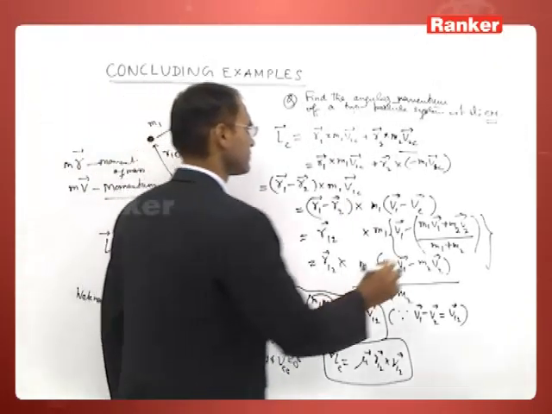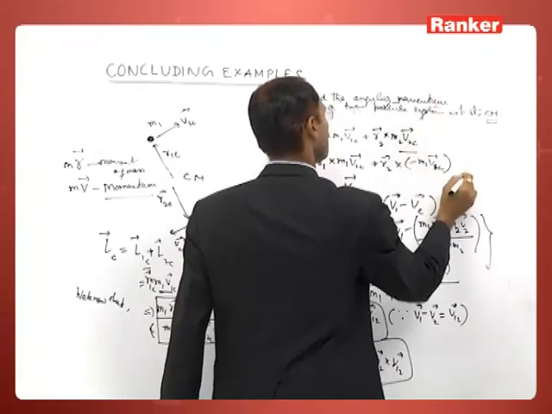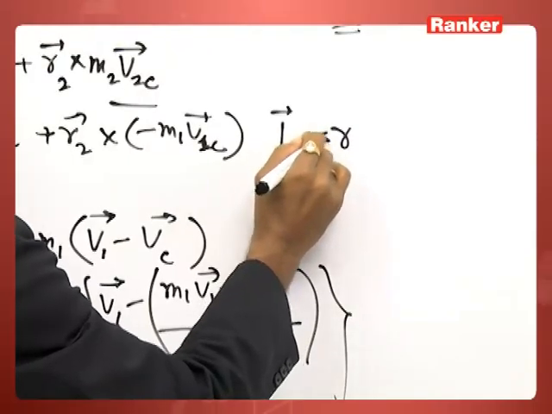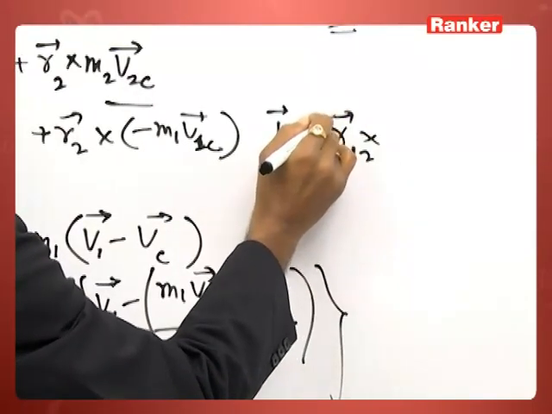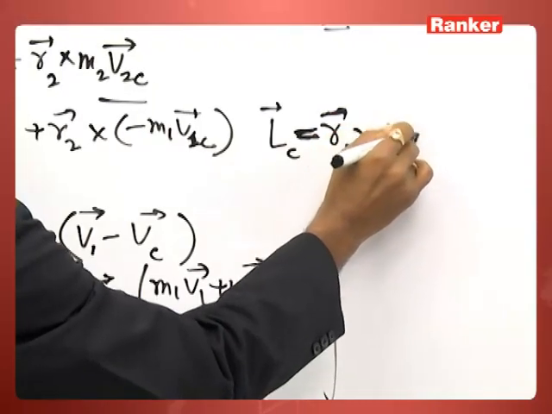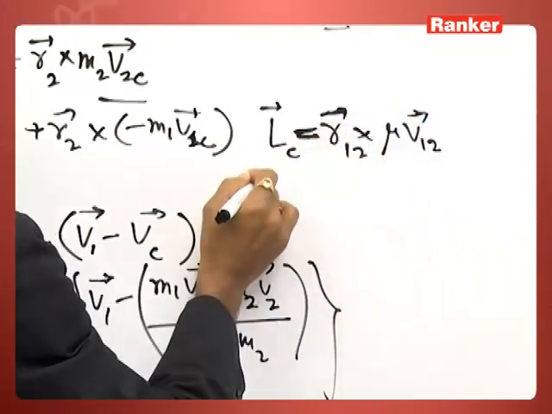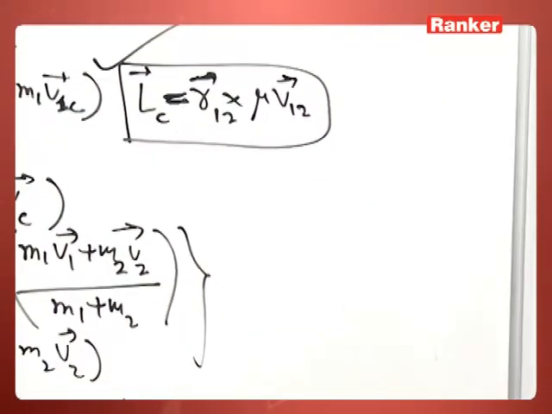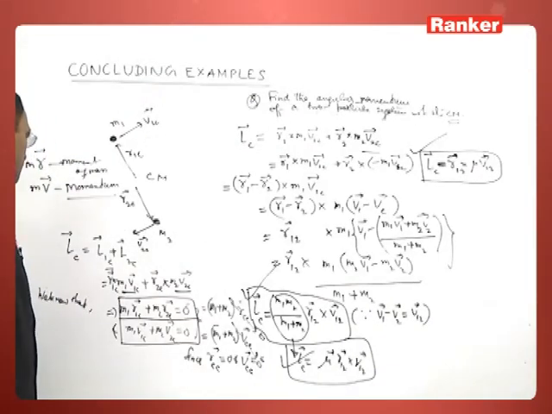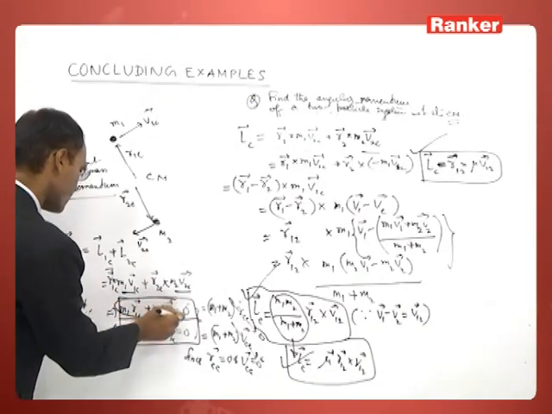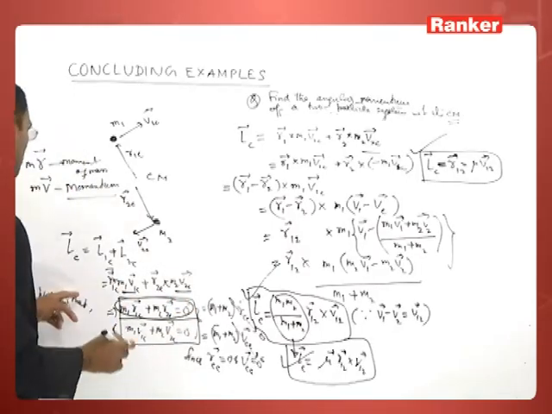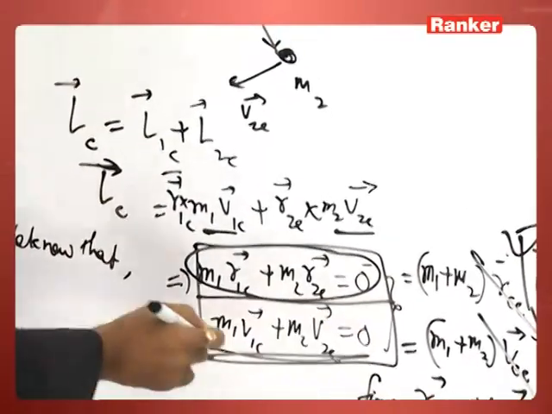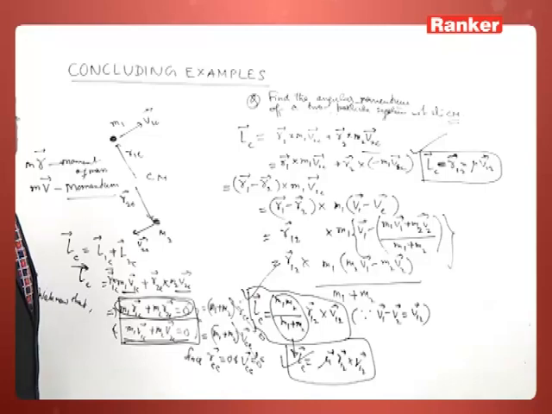Or we can write LC is equal to position vector of 1 with respect to 2 cross mu velocity of 1 with respect to 2. In this way also you can write. So, we have used this expression in this expression. We can use this expression to get the same answer.